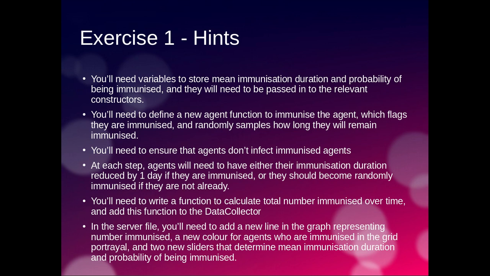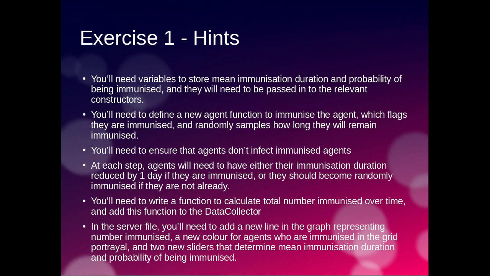You'll need to define a new function within the person agent that is going to immunise the agent, and that function is going to flag that they're immunised and randomly sample how long they're going to remain immunised. So a bit like infection, but this one's going to say you are now immunised and will randomly sample how long you're going to remain immunised.